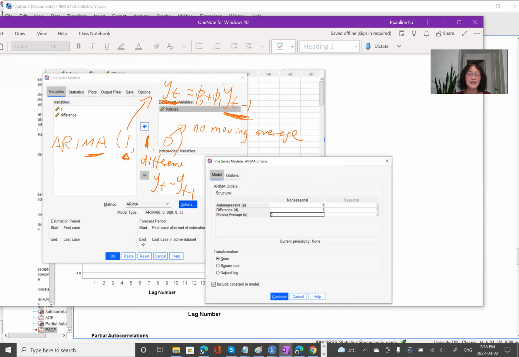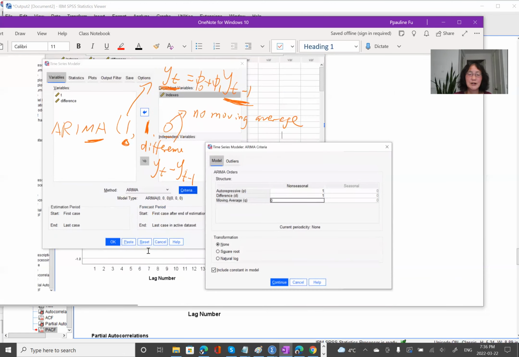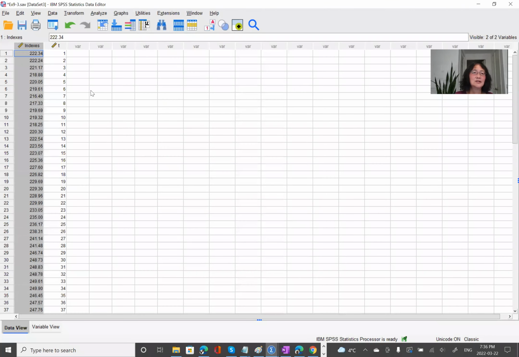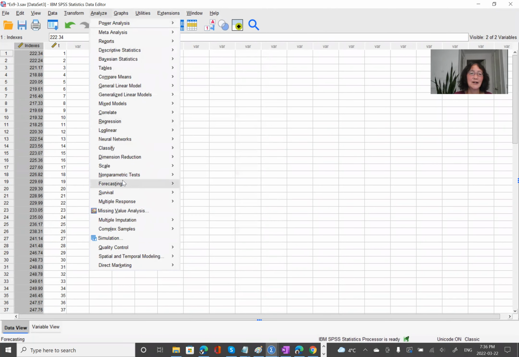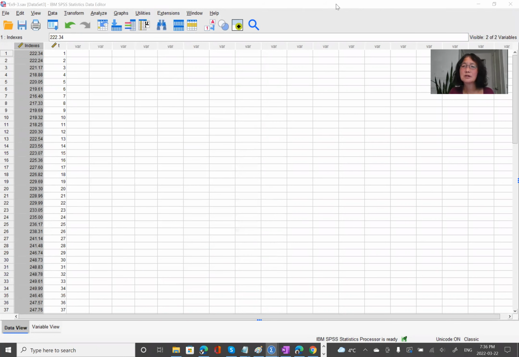Okay, once we understand ARIMA 110, we can use SPSS to fit this model. So go to the data, Analyze, Forecasting, Create Traditional Models. Did I click the record button? Yes, it is recorded.